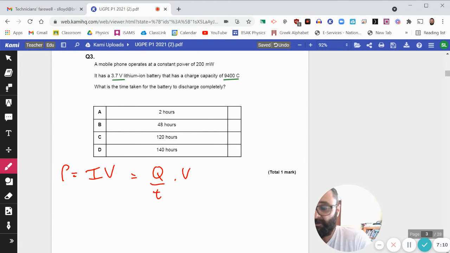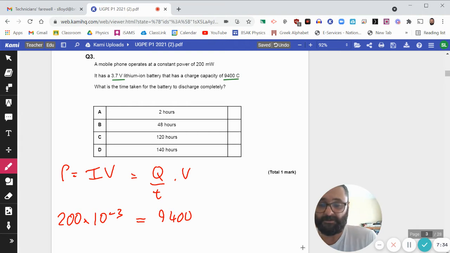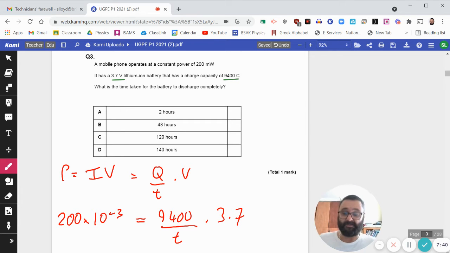So we've got 200 milliwatts. Just write it down like this. Milli is 10 to the minus 3. I'm going to leave it like that. I'm not going to try and figure out, is it 2 to the 10, 10 to the minus 1, or what? Just write that down. Your calculator's fine with that, okay? So 200 times 10 to the minus 3 equals, the charge is 9400 over time, multiplied by the voltage, which is 3.7.